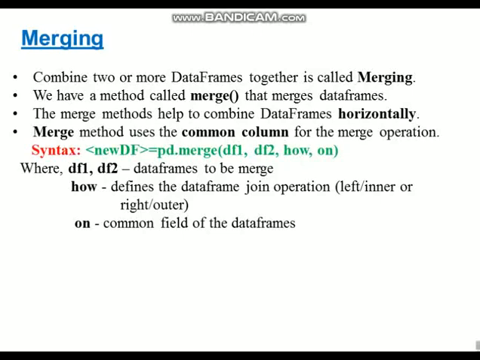And in the on parameter, the common fields of the data frames are specified. Remember, if you join two data frames by the merging process, then by default the value for the how parameter is inner. So let's start with the coding for further explanation of the operation.